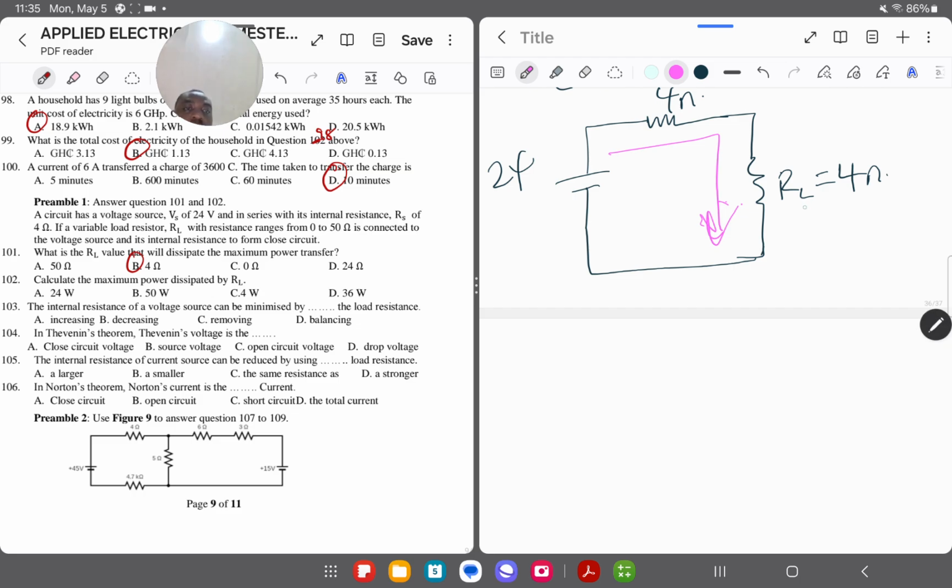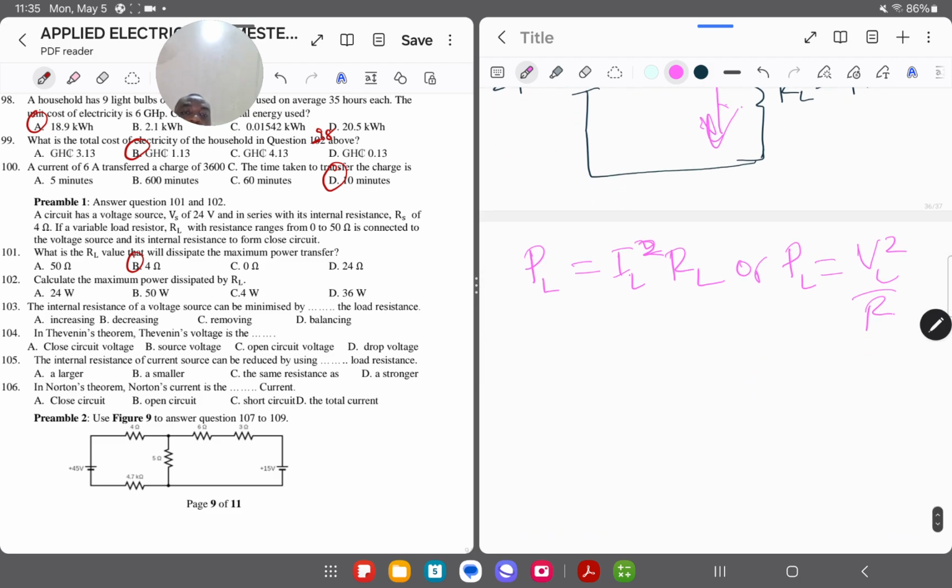So the power dissipated by the load, which is PL, is going to be equal to, we can use this formula, IL squared times its resistance, which is RL, right? Or we can say the power dissipated by the load is VL squared over RL.